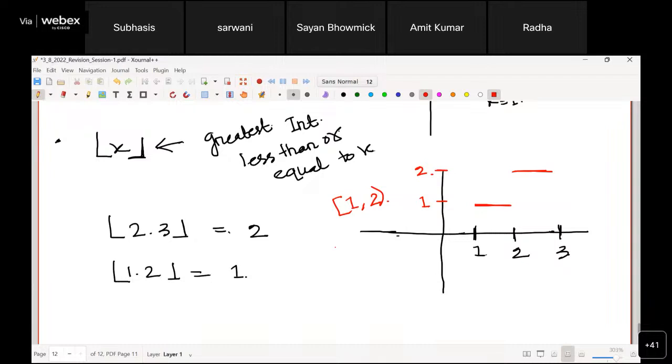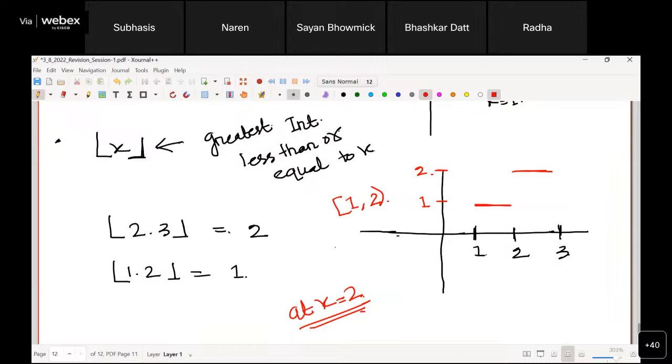My first question is whether this function is continuous at x equal to 2. It is not continuous because the left hand limit and right hand limit are different. The left hand limit is 1 and the right hand limit is 2.